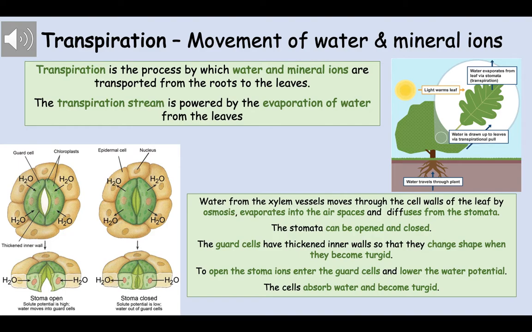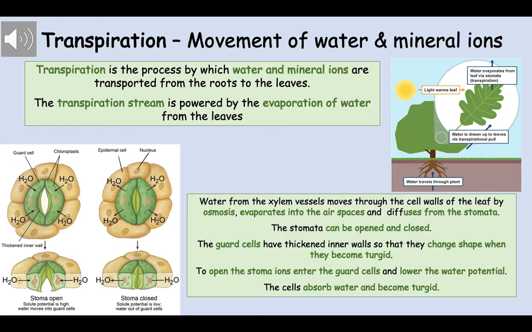And then the root again is going to want to draw more water, so it's going to get that from the soil. And this produces a constant transpiration stream. And remember, that all started from simply the water evaporating from the leaf. So because of that negative pressure in the leaf, it means that we are constantly moving water and mineral ions through the plant from the roots all the way to the leaves.